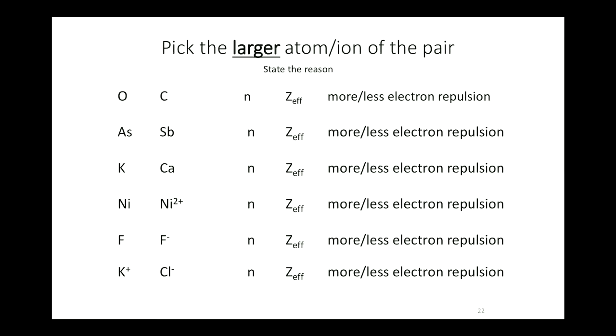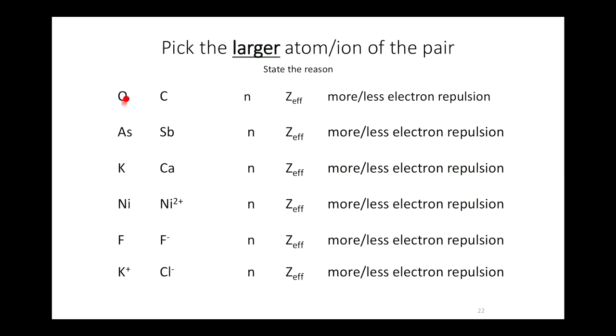The first reason is the N value. If your N value is higher, that atom is going to be on average larger because the electrons are spending on average more time further from the nucleus. We also look at Z effective, the attraction of those valence electrons to the nucleus, and finally more or less electron repulsion if the atom becomes charged.